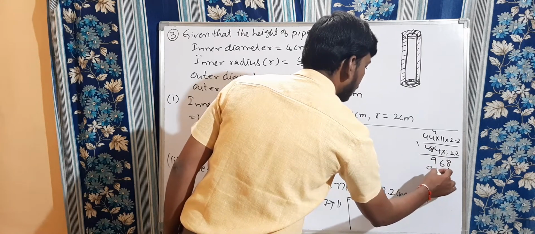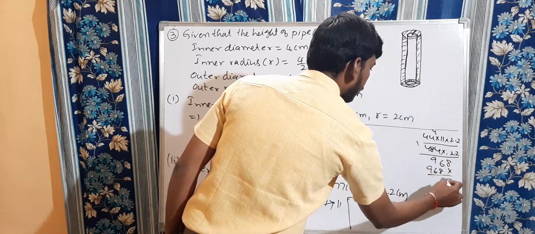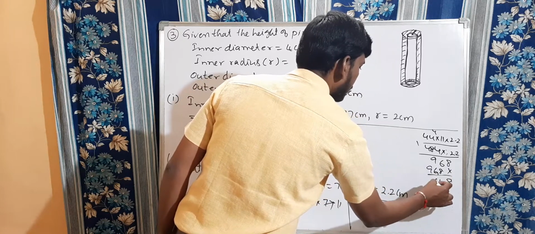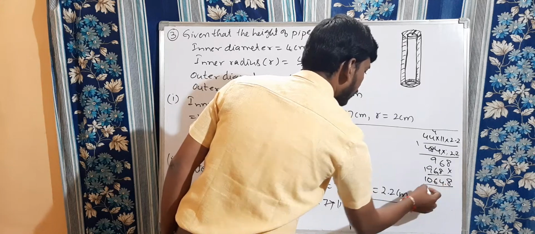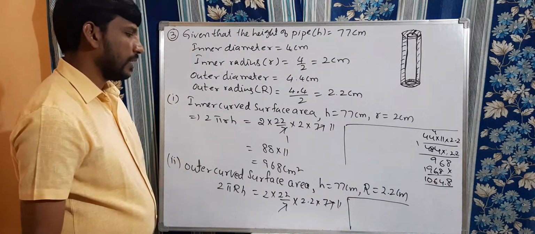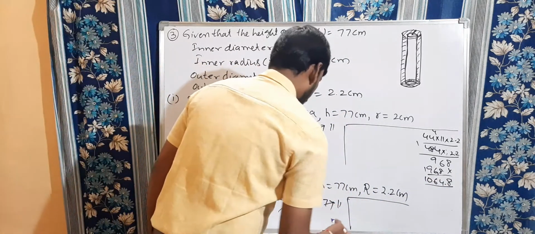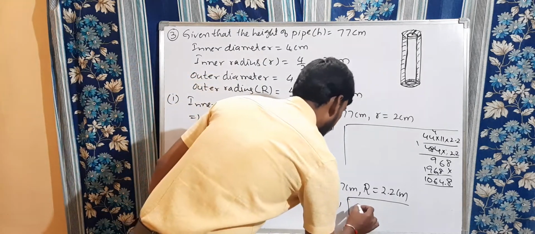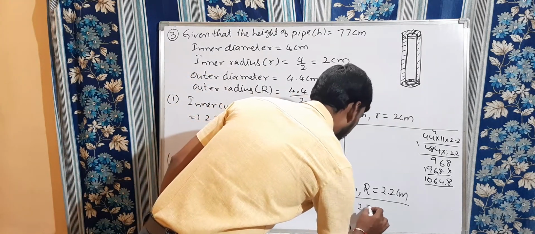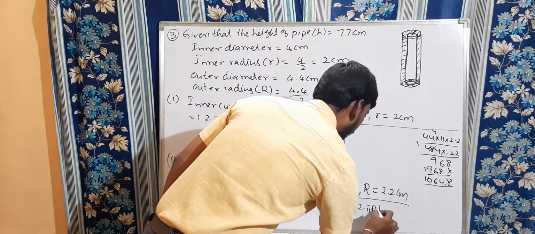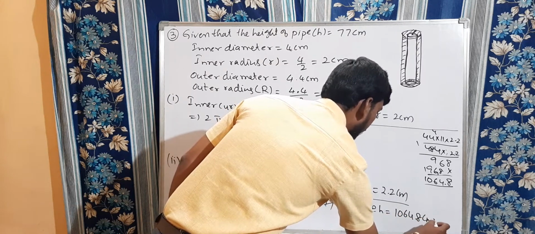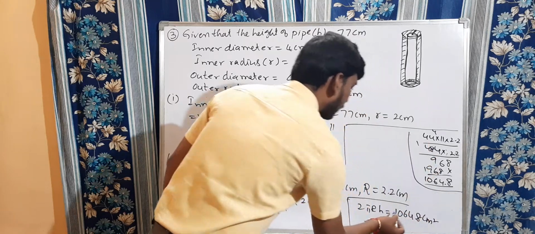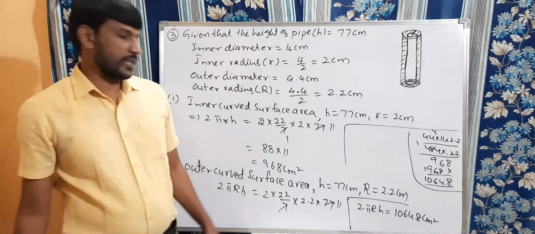So again 9, 6, 8. So 8, 14, 10 plus 1, 6. The answer is 1064.8. Therefore 2 pi capital R h is equal to 1064.8 centimeter square.